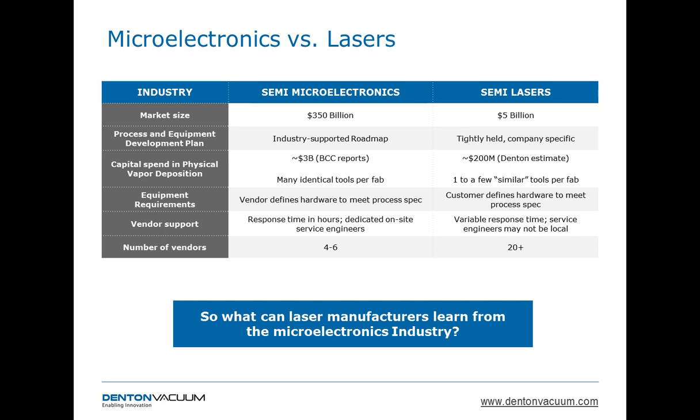The industry-supported process development plan for the semiconductor industry, for microelectronics, is a single industry-supported roadmap. For semi-lasers, it's individual per company, tightly held, very specific, with very little interaction between manufacturers.